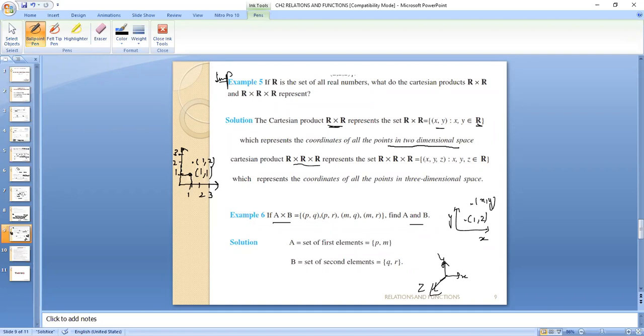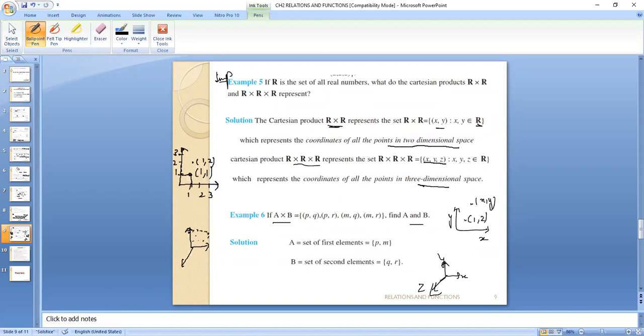In the same way, when we take three-dimensional space, all the points are represented as ordered triplets, right? So R by R by R is the point (x, y, z), which represents the coordinates of all points in three-dimensional space. That means this (x, y, z) can take any value.